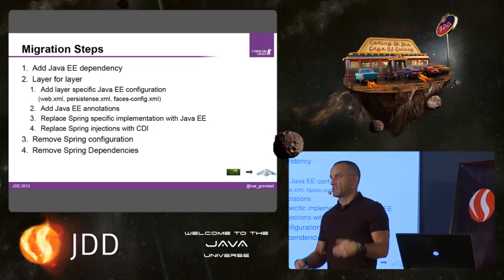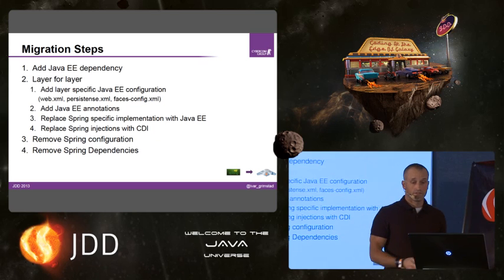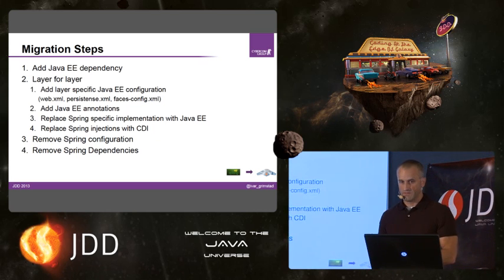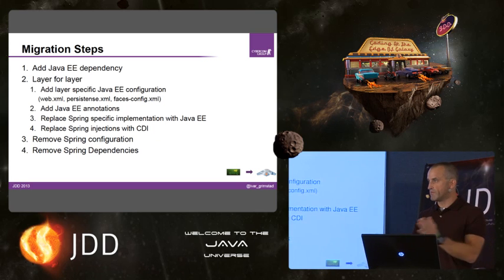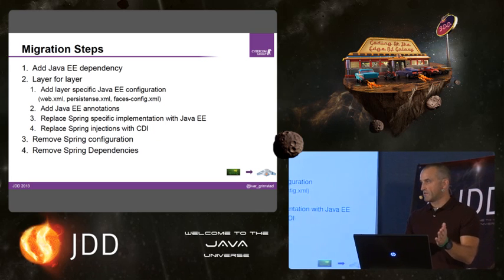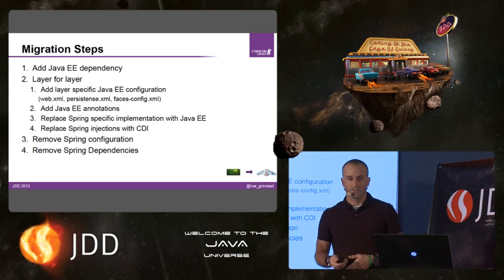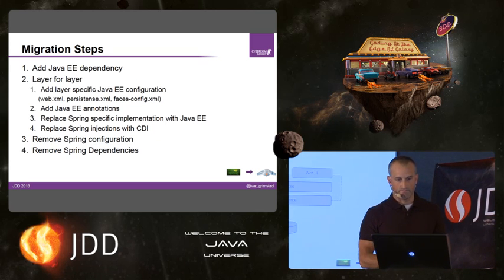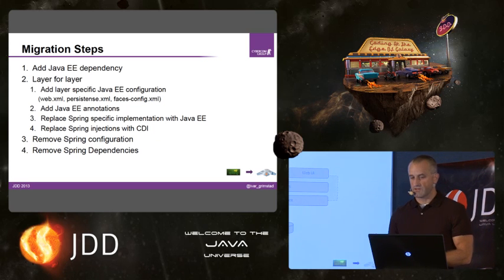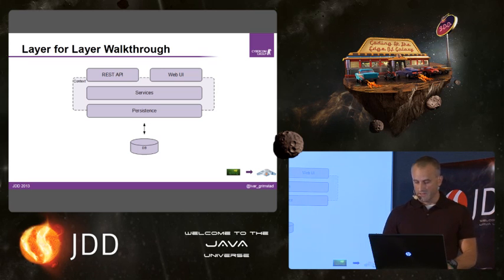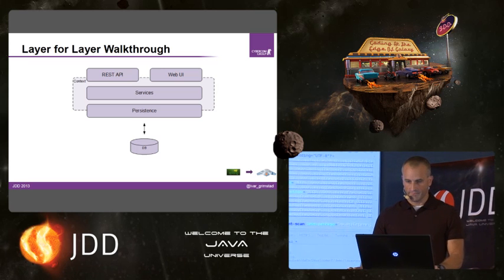And then I'll just remove Spring entirely, and we'll see if it runs afterwards. And I'm trying to do a minimum of configuration, and the application will behave just as it did. So if we look at the architecture again, I'll take it layer by layer. And let's start with adding Java EE to make it available for us.